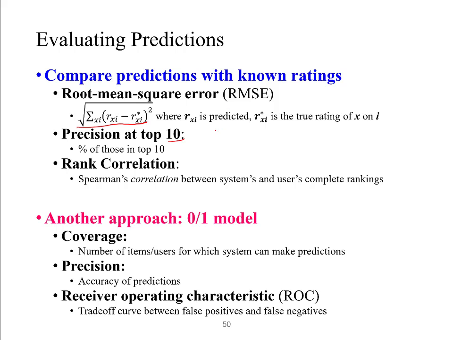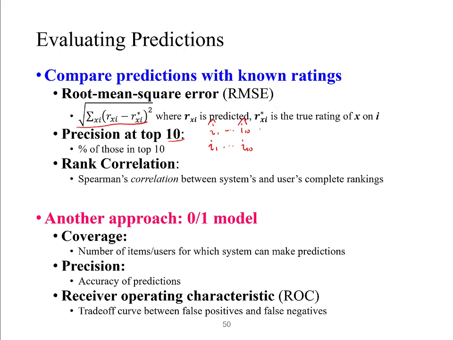Assume they are, say, item 1 to item 10. This is the predicted set of items with the highest ratings. And let's also assume that I1 to I10 is the ground truth, the 10 items with the highest true ratings.